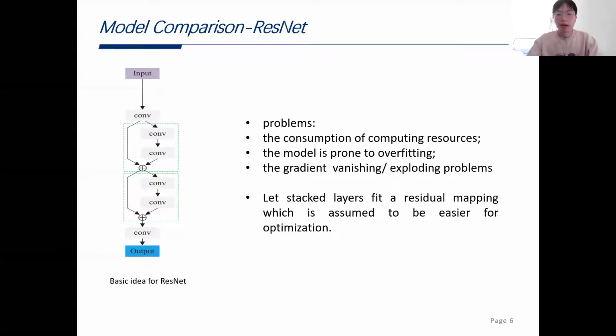It's really a clever network, which makes it possible that we can do training on a very deep structure. The author explicitly let these stacked layers fit a residual mapping, which is assumed to be easier for optimization.